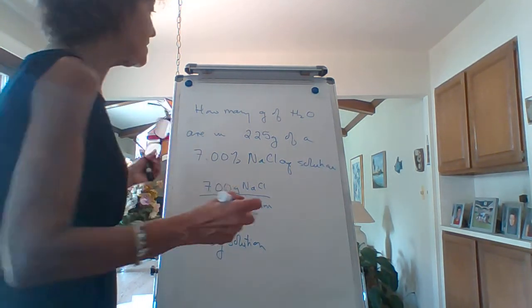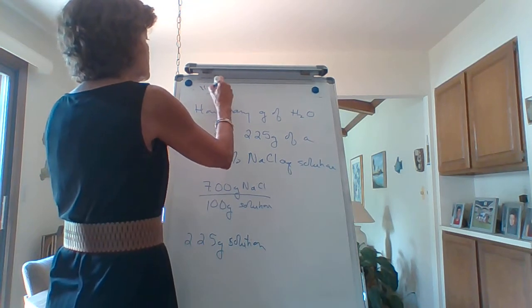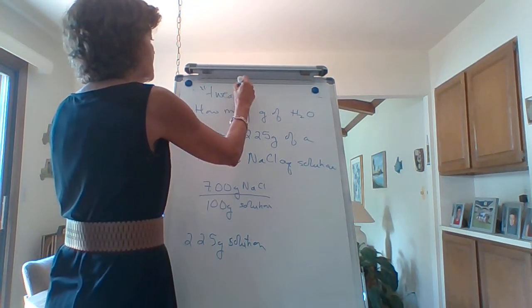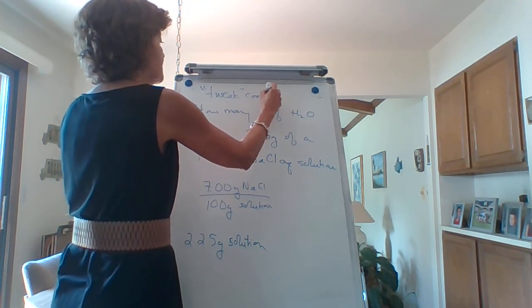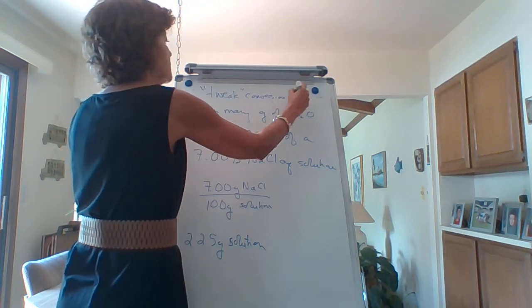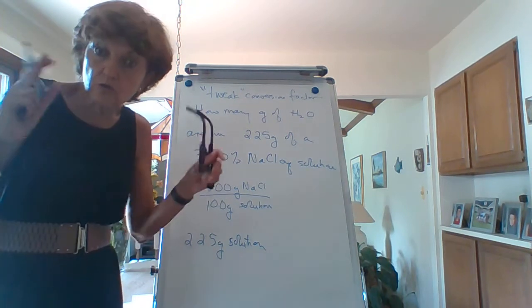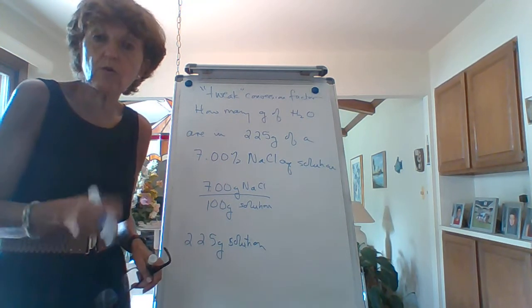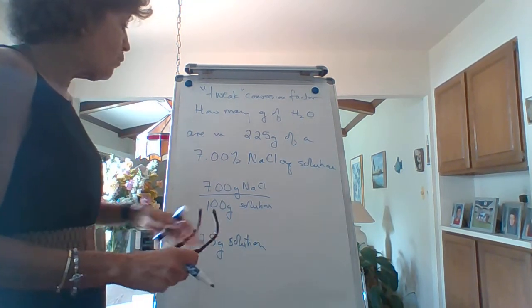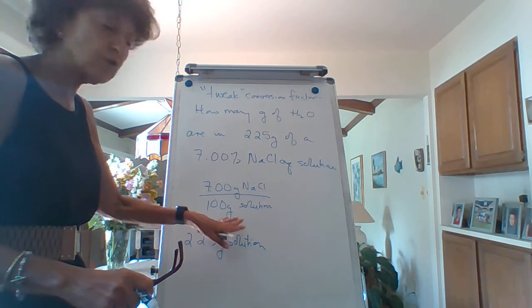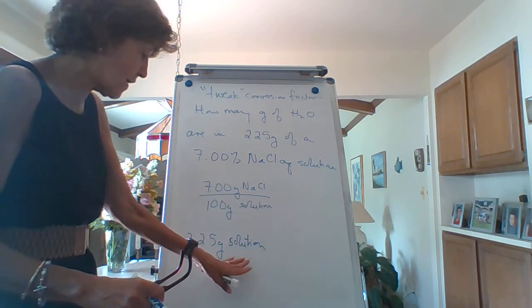So this is where I tell my students you need to tweak the conversion factor. Before we use this conversion factor, we need to tweak it so that we have the units that we're looking for. Okay, we want to keep this 100 grams of solution. We want the solution because we want to cancel it.